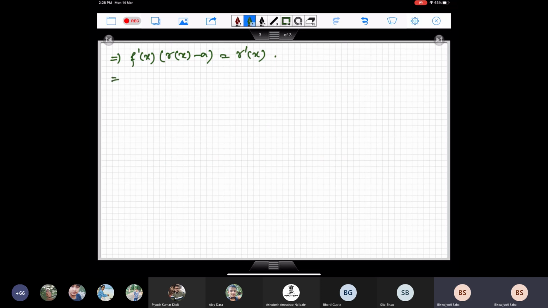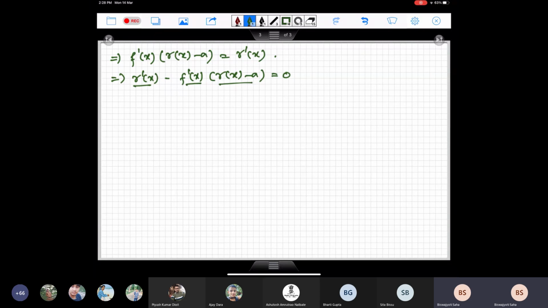That tells me gamma prime(x) minus f prime(x) times gamma(x) minus a is equal to 0. This is almost in the form of the derivative of a product, because here I have gamma prime(x), here gamma(x) minus a, and here f prime.